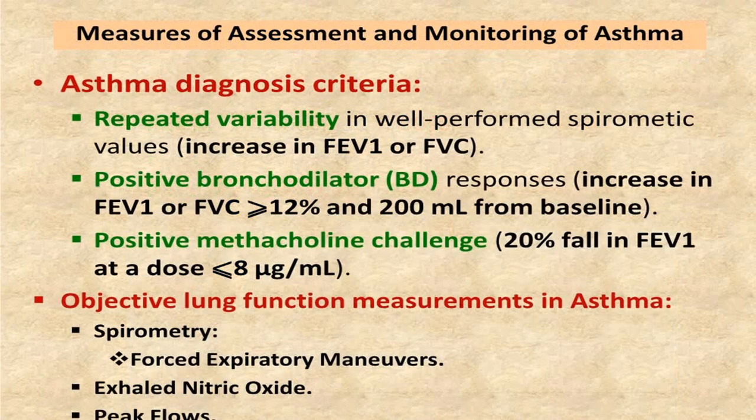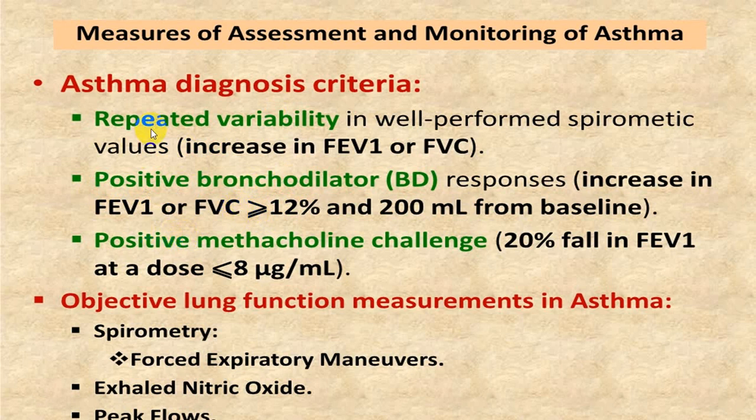We have already shown this particular slide before, that in asthma, when you do a spirometry, it is variable even in a day, and if you repeat it at certain intervals, the bronchodilator challenge test will be positive. You will have a reversible pattern.